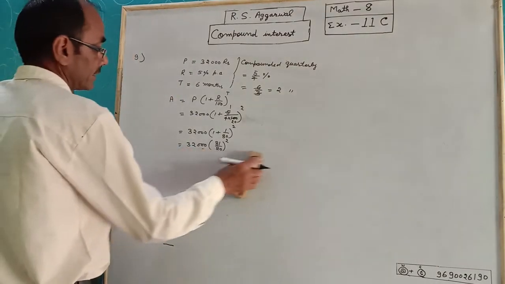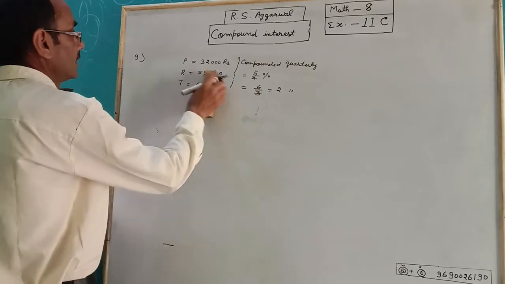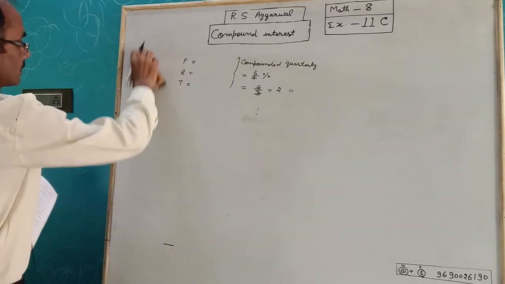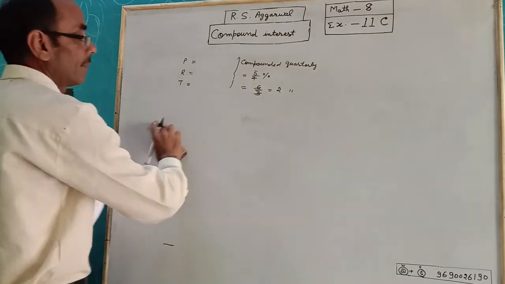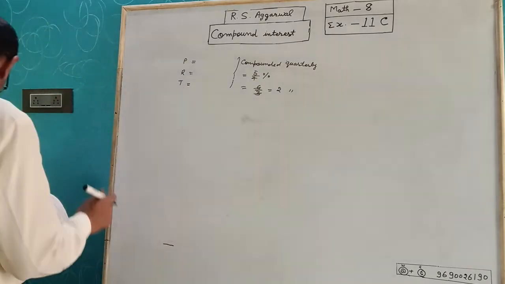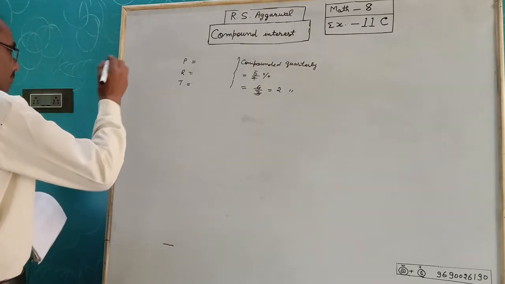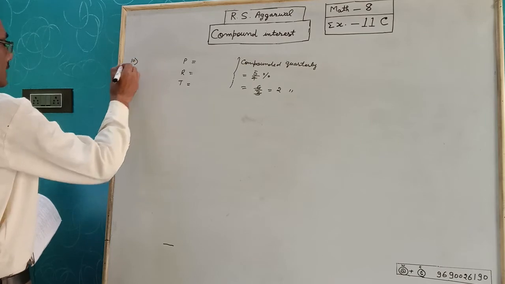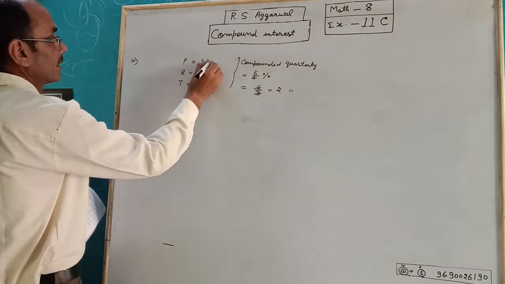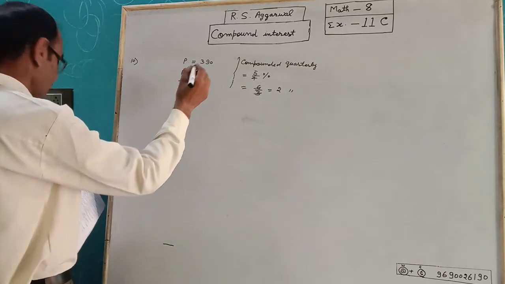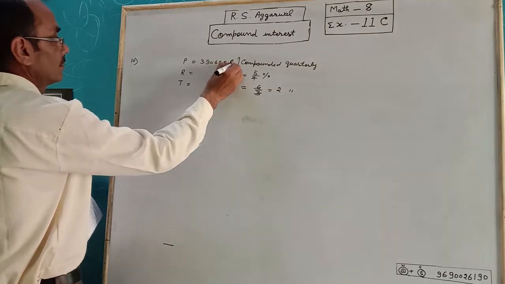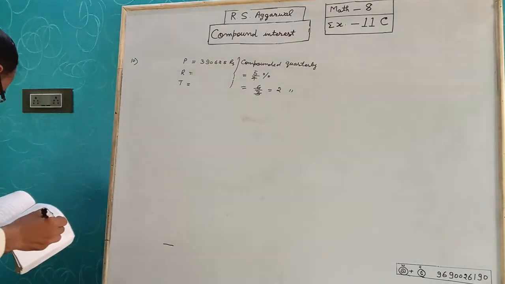Question 10: two questions are solved half yearly, and two questions are solved quarterly. Arun took the loan. Question number 10 is 3,90,625 rupees, taken as a loan from Kuber Finance.